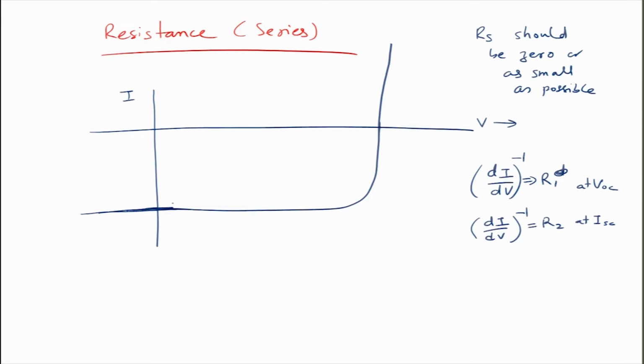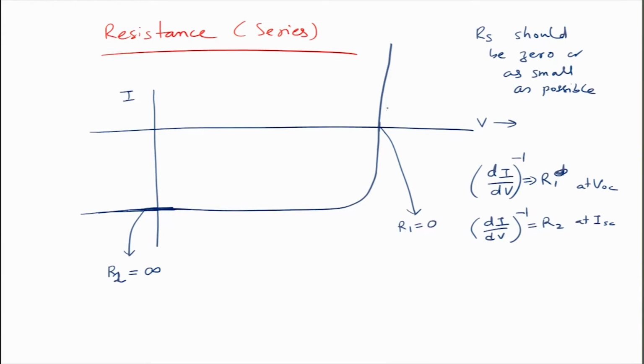If you look at the slope at this point, what is di by dV? di by dV is equal to 0 at this point, which means R2 is infinity. This is R2. At this point I am saying that this line should be as vertical as possible. If this line is 100% vertical, then the slope at this point will be equal to infinity, which means R1 will be equal to 0.